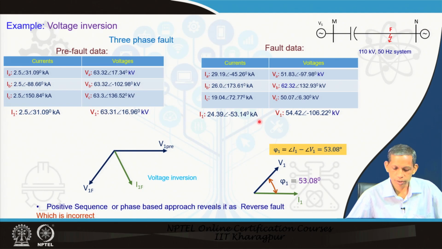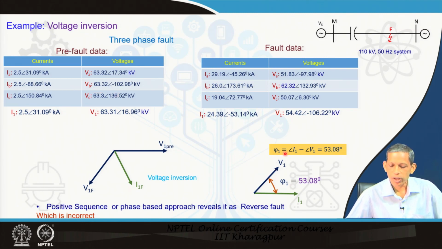Now, if you see the phasor positions, you see V 1 pre, I 1 f. With respect to V 1 pre, the current is lagging, but in case of V 1 f, the current is again leading. So, this means that this is a voltage inversion situation. Voltage is smaller than the pre-fault voltage.